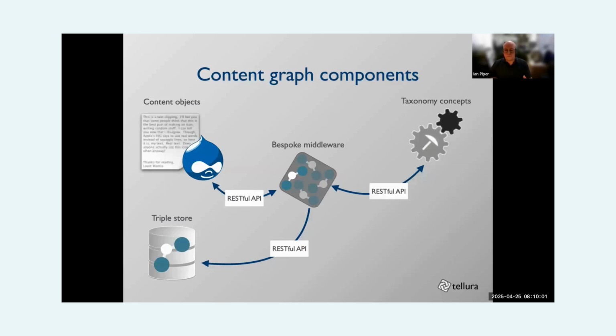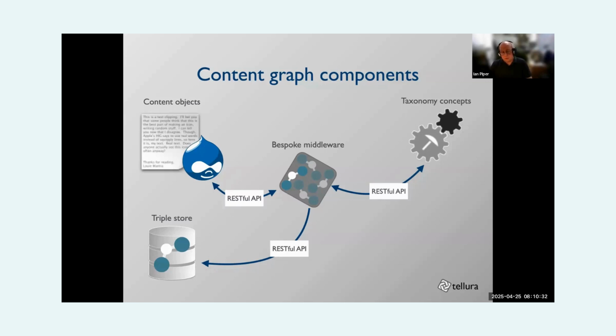A content graph can be made up of a number of different components, and I've got a schematic here illustrating that idea. We've got on the left content objects, and those could be your narrative text content. They could be things like author information, or any of the other things, projects, organizations, other such things that I've mentioned already.